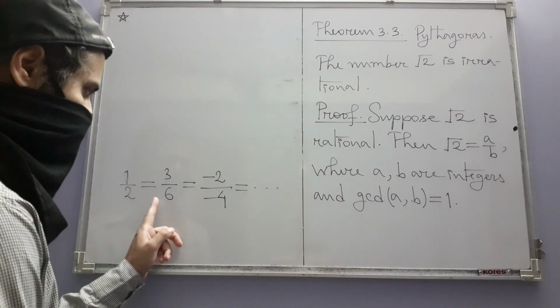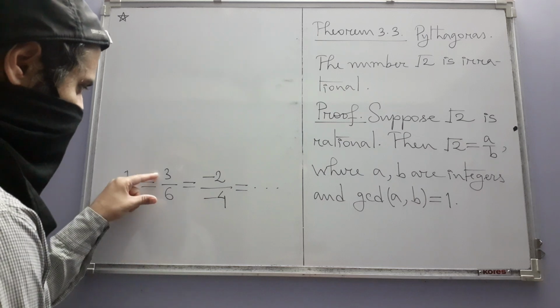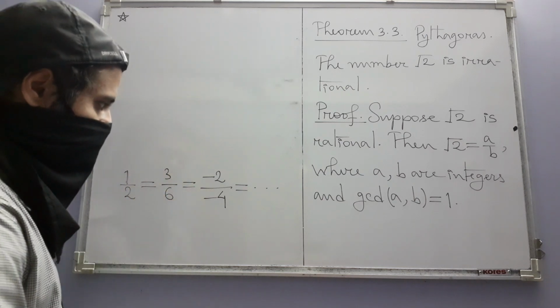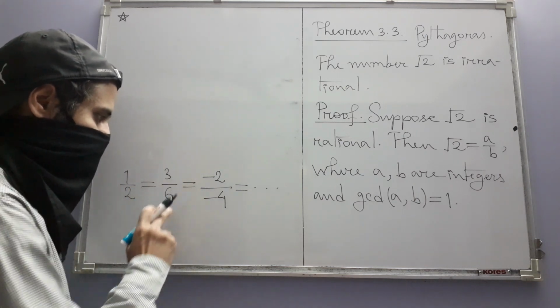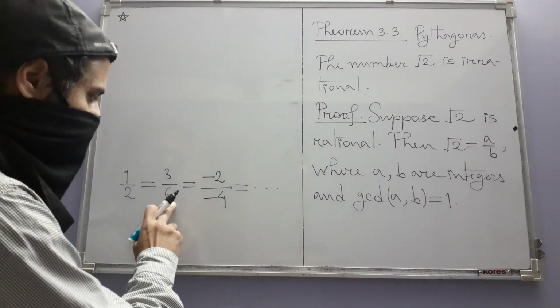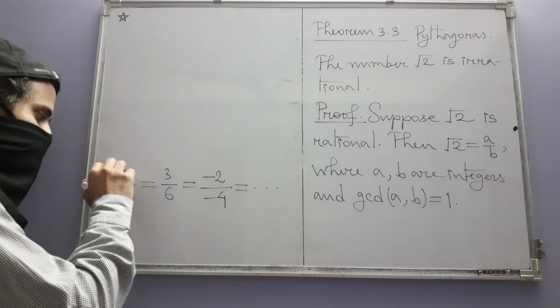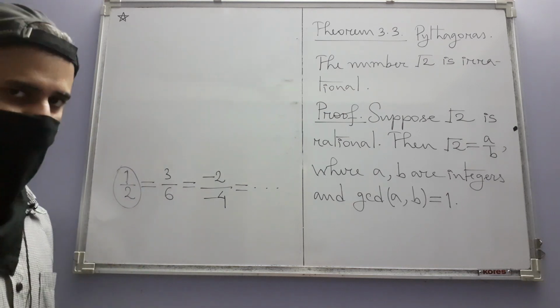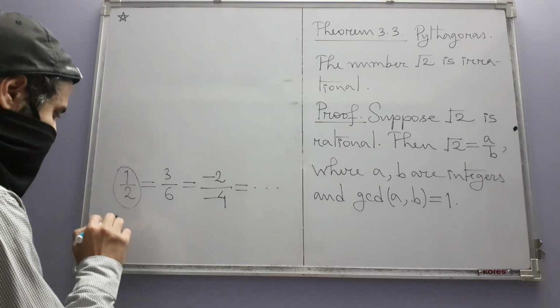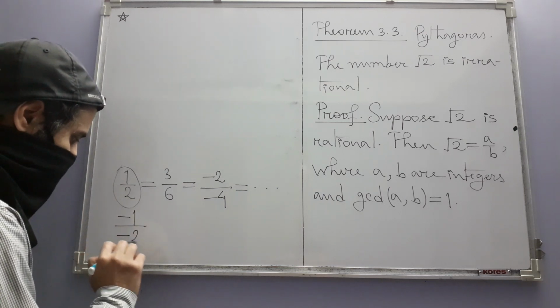But the difference between all these representations and the first one is that in the other representations, the numerator and denominator are not relatively prime. Their greatest common divisors are not equal to 1. However, for this one it is so. There is another one also, minus 1 over minus 2.